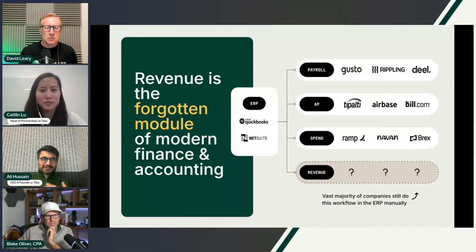That was the main mandate that got myself, a great team, Caitlin on the call today, and many others to try to figure out why revenue had generally been left behind to a bunch of more expensive upmarket RevRec or billing tools, but the vast majority of finance teams are doing this manually, versus where they've adopted a lot of automation on the other sides of the finance stack.